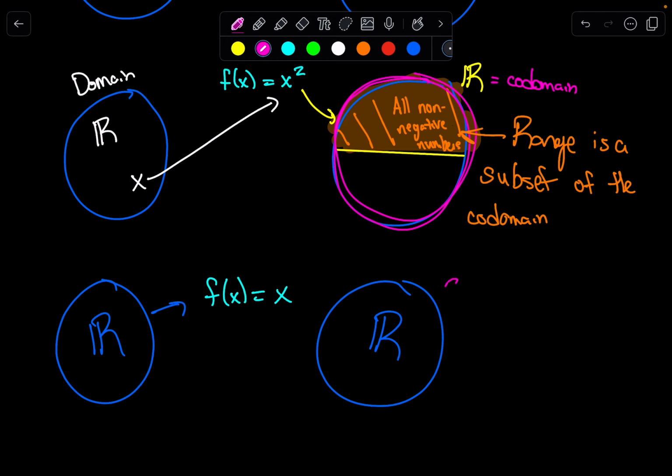And so our codomain in this case is equal to our range. The space where all of our possible outputs live are the exact same. So all of our possible outputs could cover this entire space. So that's a distinction, but this should be something that we're fairly used to.